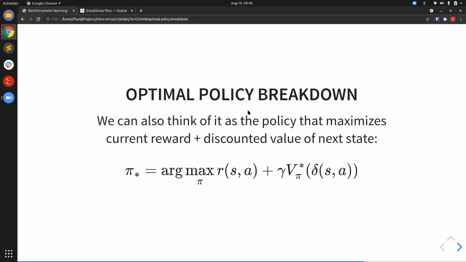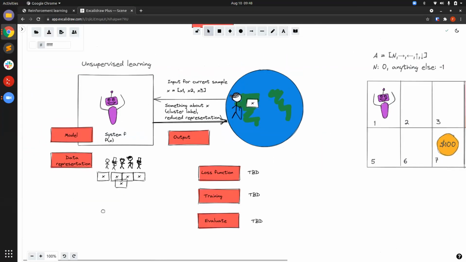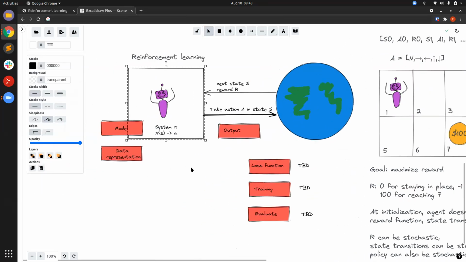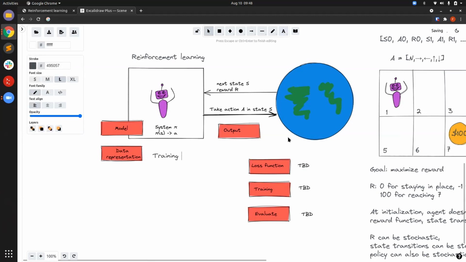Okay, so given we're trying to learn this optimal policy, how do we go about learning it? In reinforcement learning, what's the training data set? The training set on which we train our model is not going to be the environment directly because we can't observe the environment.